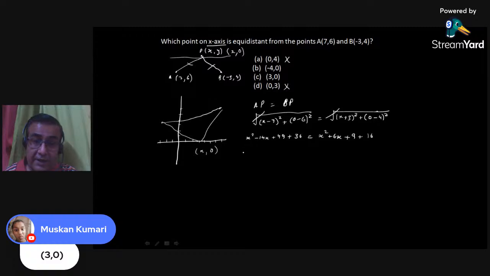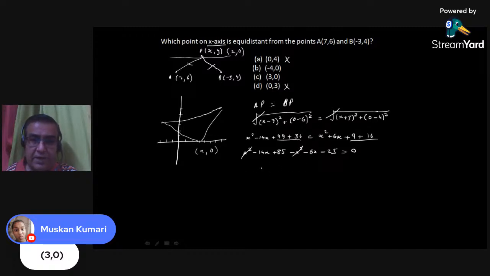So I get x square minus 14x, 49 plus 36 is 85, and I bring everything to that side. So minus x square minus 6x, and 16 plus 9 is 25, so when it goes that side, minus 25 is equal to 0. X square and x square get cancelled. We have got a linear equation.